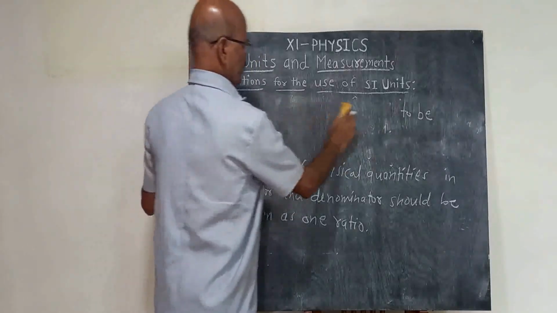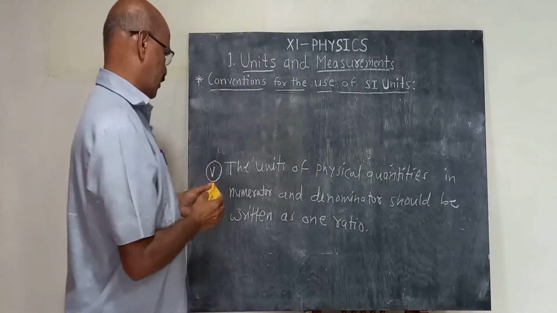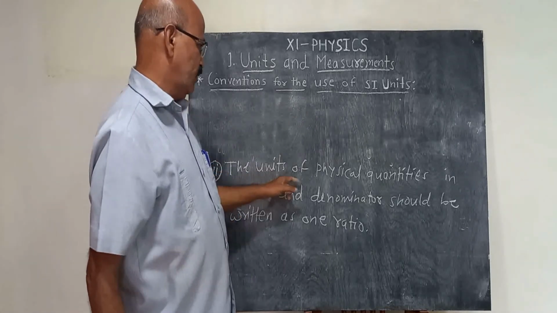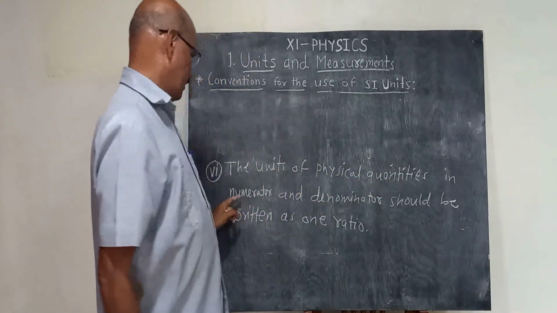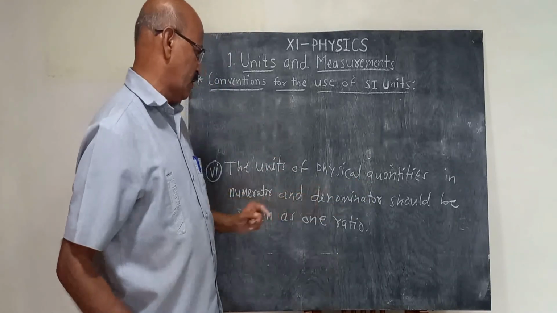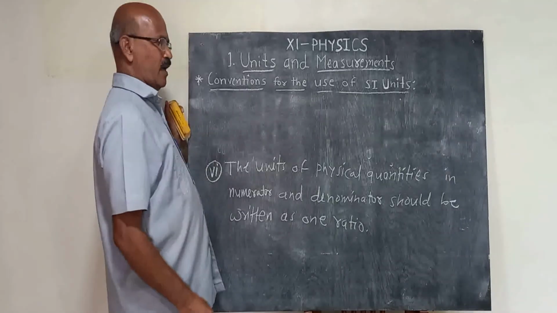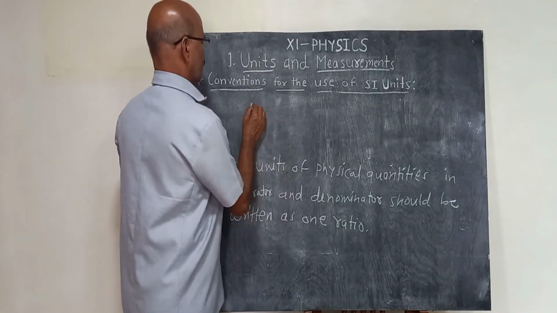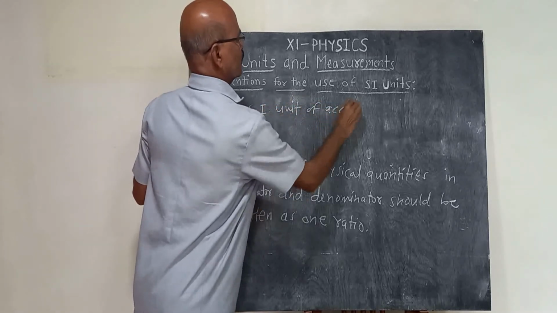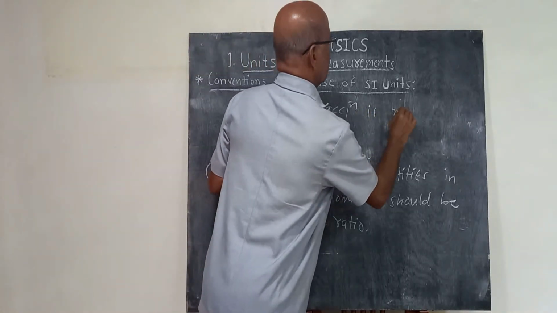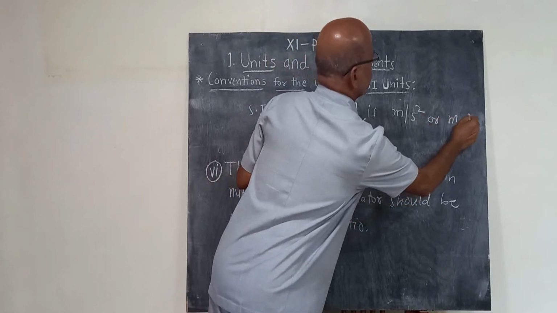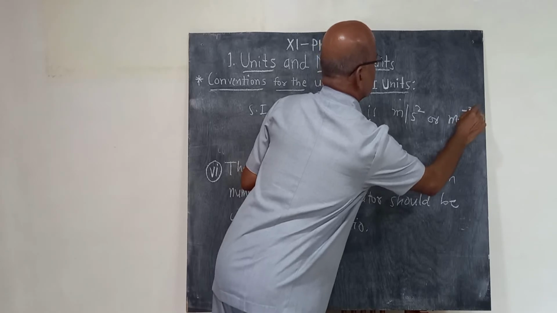The sixth convention for the use of SI units is that the units of physical quantities in the numerator and denominator should be written as one ratio. For example, the SI unit of acceleration is meter per second square, or m s raised to minus 2.